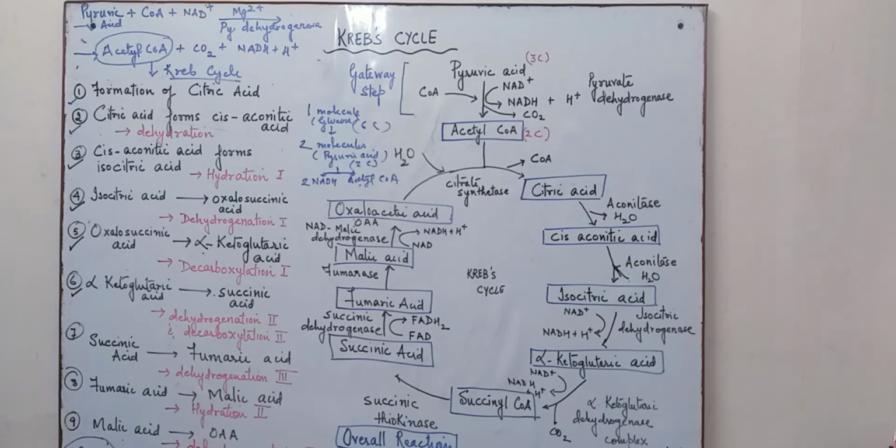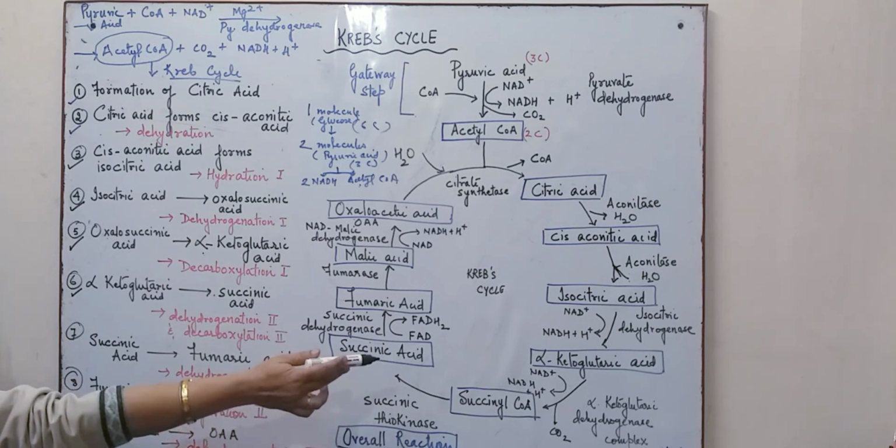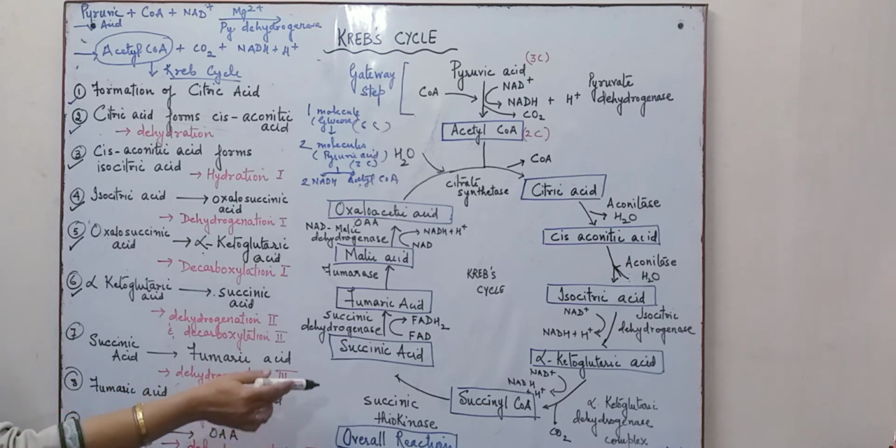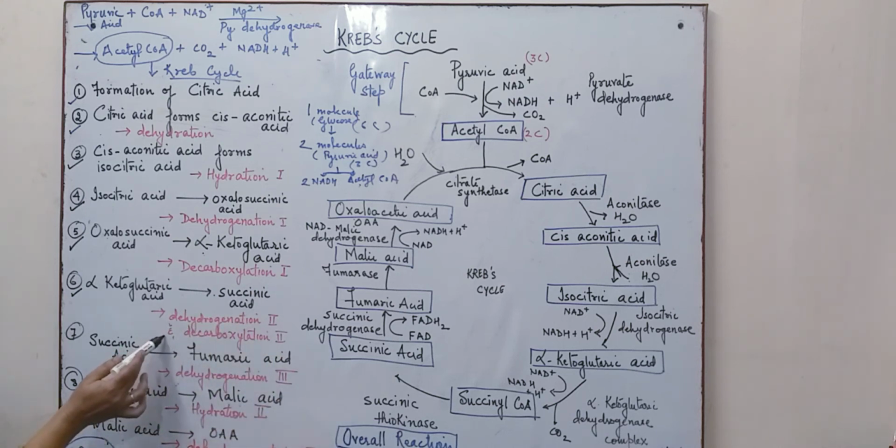Here succinyl coenzyme A is formed, in the presence of the enzymes succinic thiokinase and alpha ketoglutaric dehydrogenase complex. This succinyl coenzyme A gets converted into succinic acid. It is divided into steps, but we have marked it completely as alpha ketoglutaric acid changing into succinic acid due to dehydrogenation and decarboxylation.